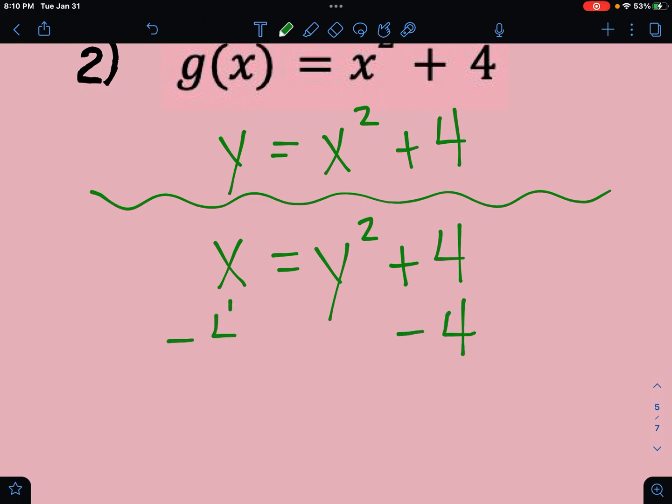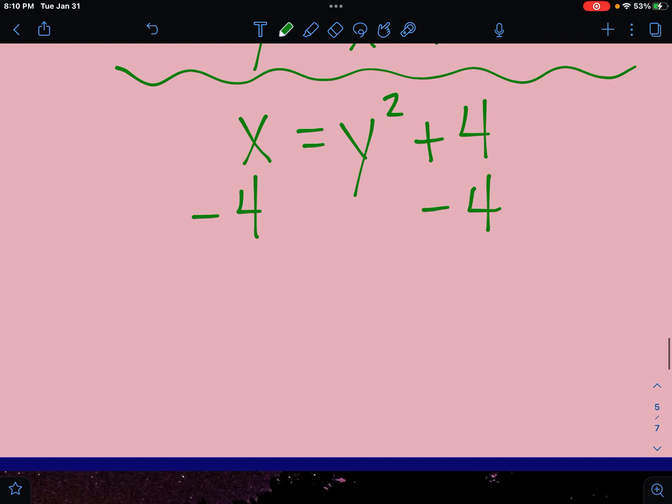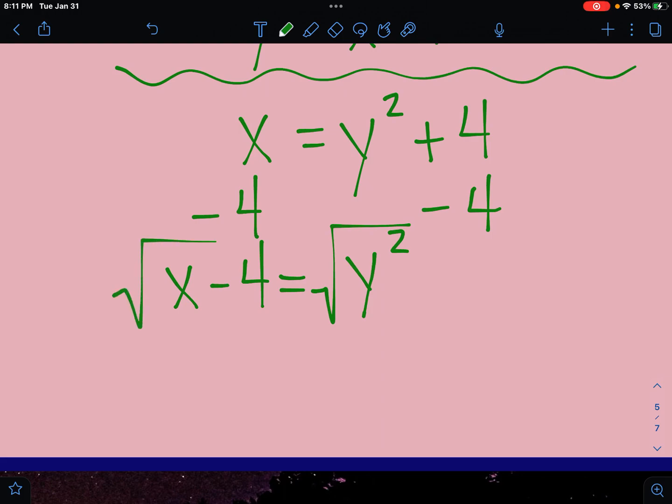Then I need to solve for y, so I need to get y by itself. Now I have y squared, but I don't want y squared. So I'm going to take the square root of both sides. So I have y equals the square root of x minus 4.